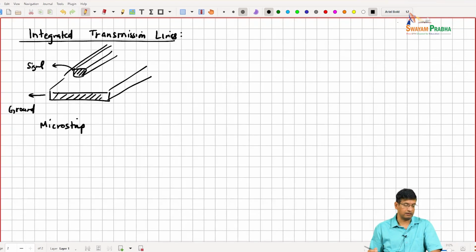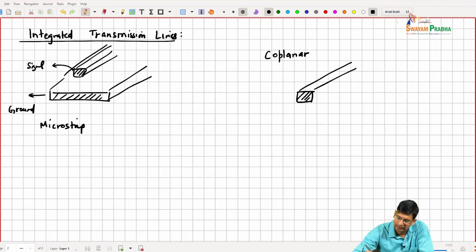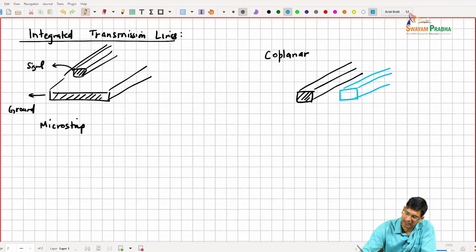And in the past, we've also discussed the coplanar waveguide, so basically you have a signal like this, and then you have the grounds in the same layer. So in the same layer, you have your ground lines.